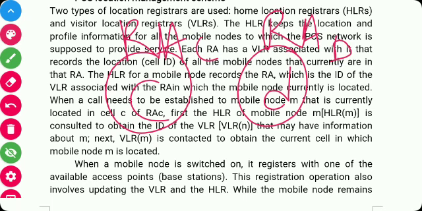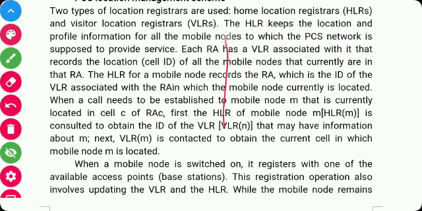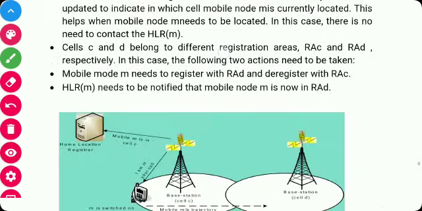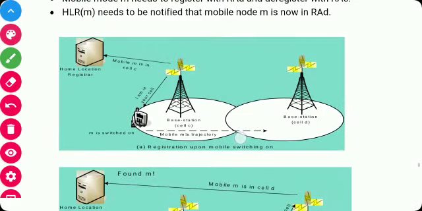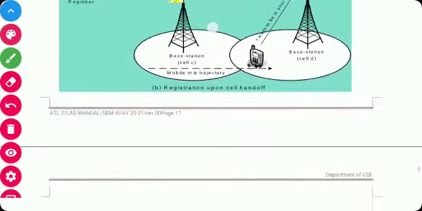First, mobile node M needs to register with RAD when it moves from cell C to D. So it should be registered with RAD and deregistered with RAC, and HLR M needs to be notified that the mobile node is now in RAD. So these two possibilities are there, and these are the diagrams showing the mobile node when it is in cell C and cell D.